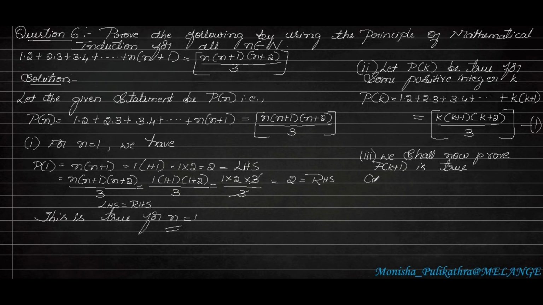So here I have to consider the equation, that is 1 into 2 plus 2 into 3 plus 3 into 4 plus etcetera. So before doing k plus 1, first we have to take the previous number. So previous number will be k into k plus 1. So the next number will be the consecutive term. So it will become k plus 1.